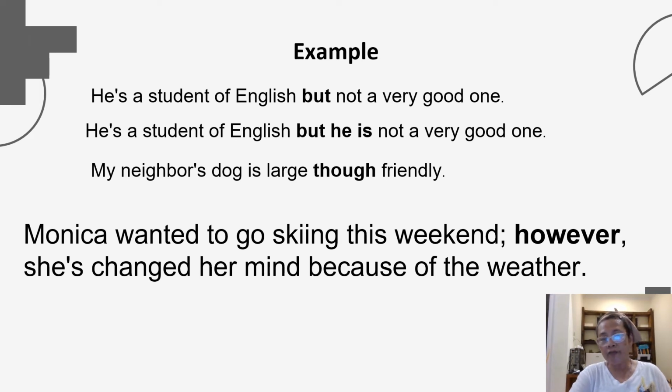Di sini contrastive menggunakan however. Jadi kita bisa melihat bahwa penggunaan however pada kalimat yang terakhir menunjukkan adanya contrast situation between the first sentence, Monica wanted to go skiing this weekend, lalu she has changed her mind because of the weather. That's why kita menggunakan kata however.